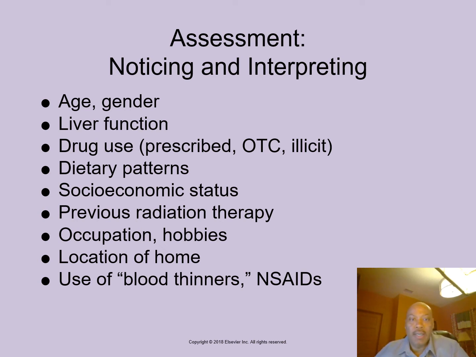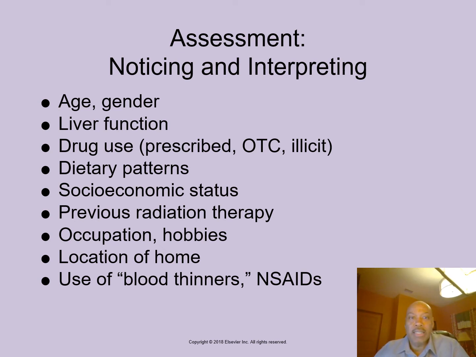As far as radiation treatment for cancer, it can damage the bone marrow itself, affecting hematologic functions. And as far as drug use, it points to legal and otherwise. I mean, could be illegal drugs, which can also impact the hematologic system.